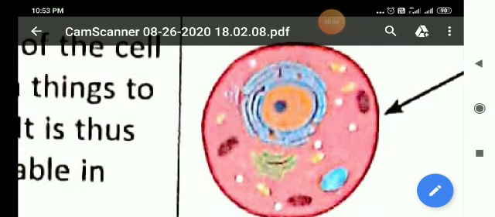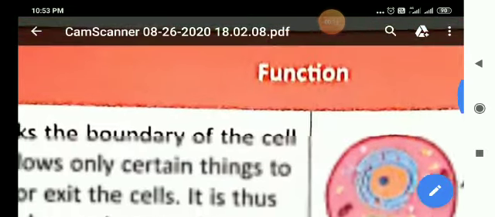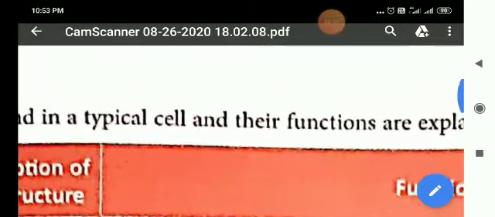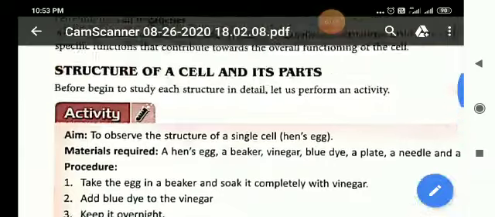We are going today to continue the cell. Already I have explained to you what is a cell and who discovered the cell.